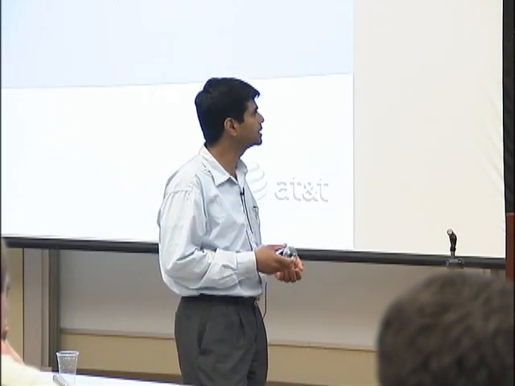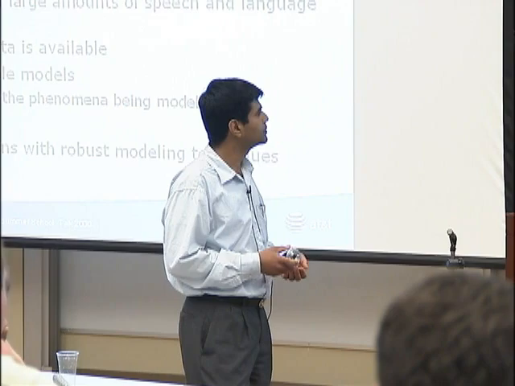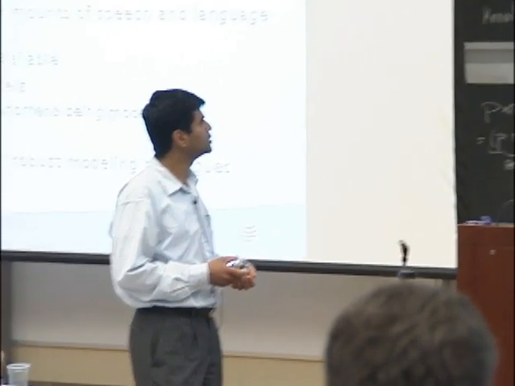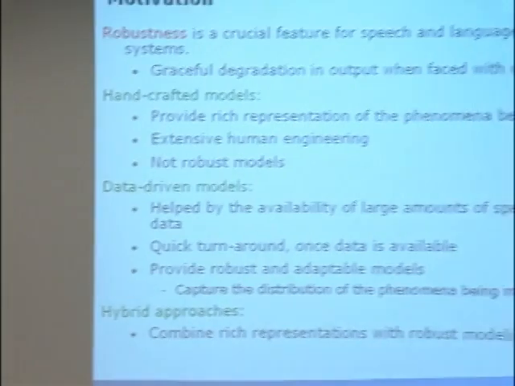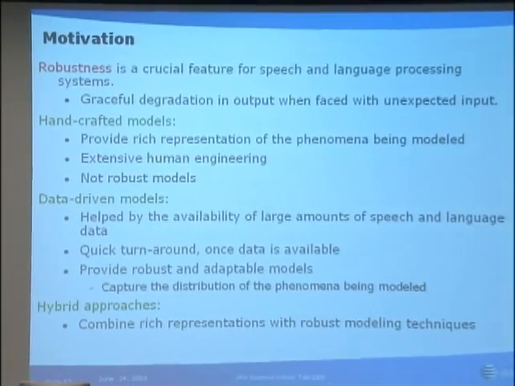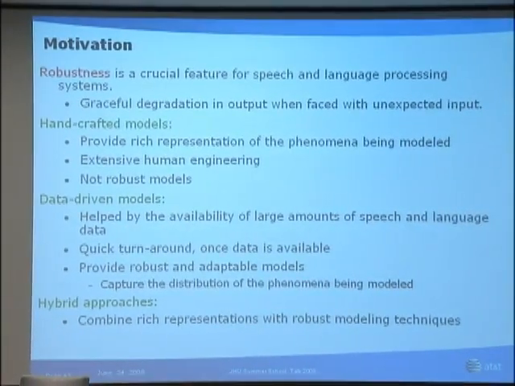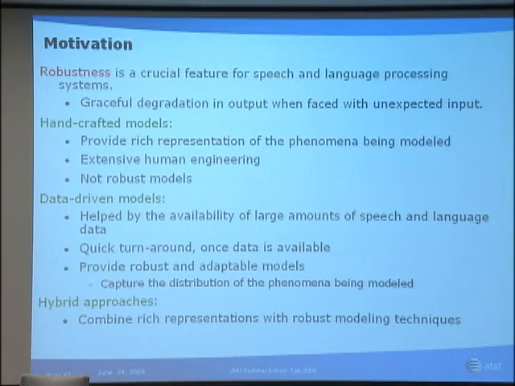The typical way of creating human-machine dialogue is that somebody sits down and thinks about what this dialogue should be and crafts a call flow. If the system is in this state and has this kind of input and is looking for this kind of additional piece of information, then it should say this, and so on and so forth.